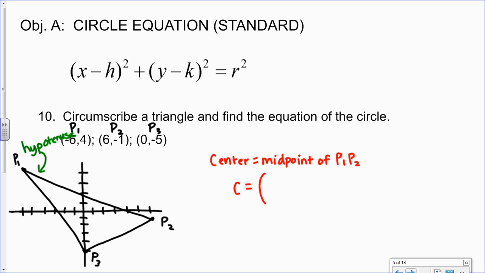I'm going to do negative 6 plus 6 divided by 2, and 4 plus negative 1 divided by 2. So add the x's, divide by 2, add the y's, divide by 2. So 0 and 3/2, or 1.5.